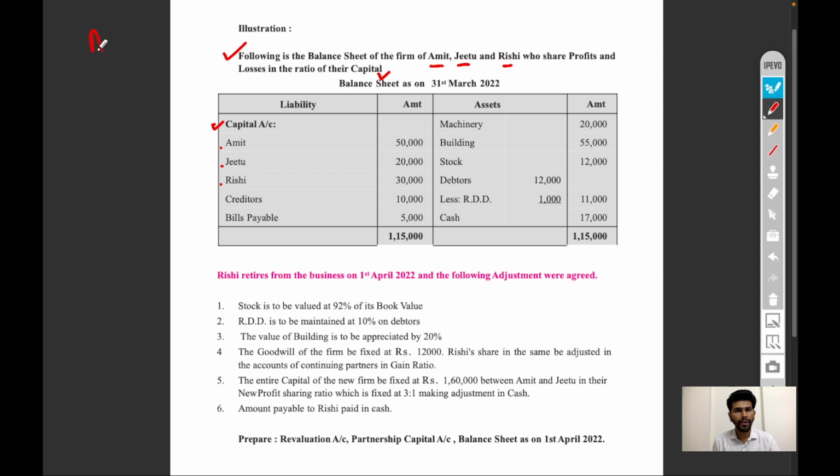So the old partners are Amit, Jitu and Rishi, and their old ratio is similar to their capital, so 5 is to 2 is to 3. The old ratio is 5 is to 2 is to 3.